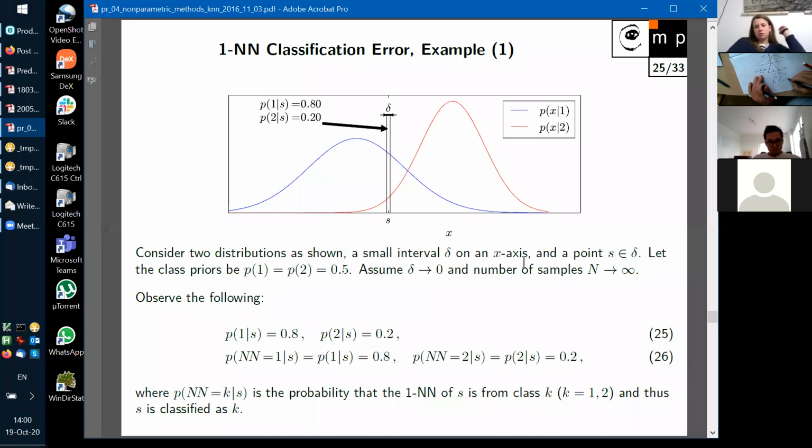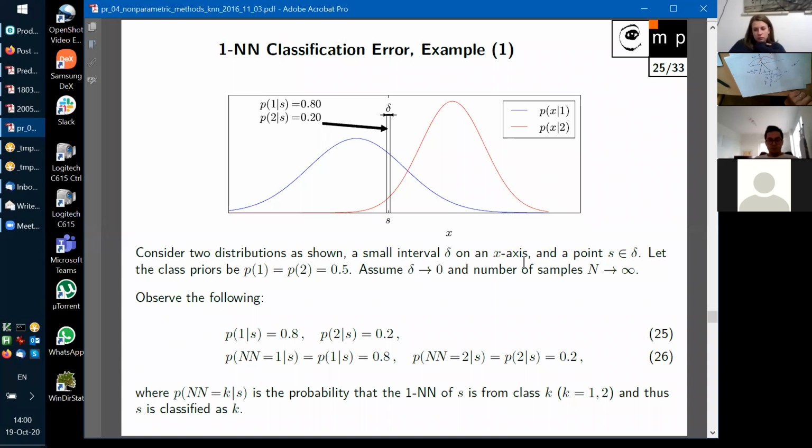So it's only correct in 68% of cases, and it makes a mistake in 32%. Whereas the Bayes error, epsilon Bayes, here is 0.2. So quite the difference.